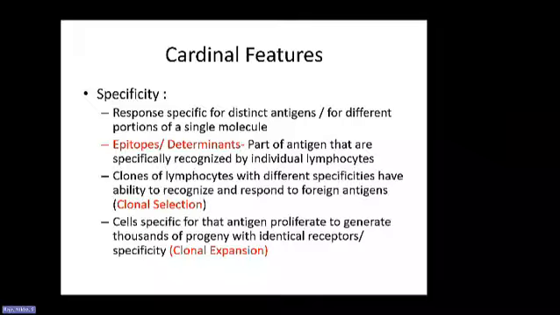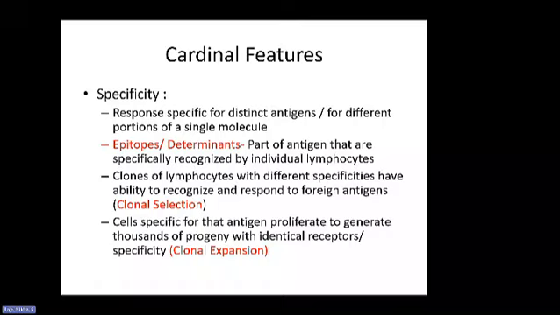The part of the antigen to which the lymphocytes react, which is specifically recognized by individual lymphocytes, is called an epitope or determinant. Both these terms are going to be used interchangeably.